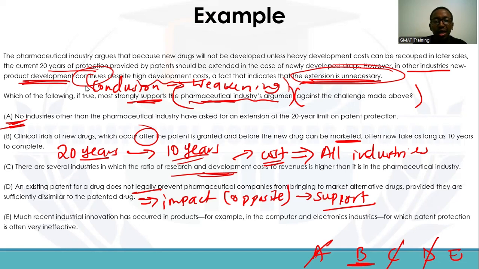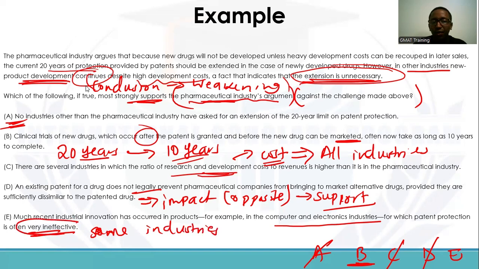Then E, much recent industrial innovation has occurred in products, for example, in the computer and electronic industries, for which patent protection is very ineffective. So again, like C, we have some industries where patent protection is ineffective.